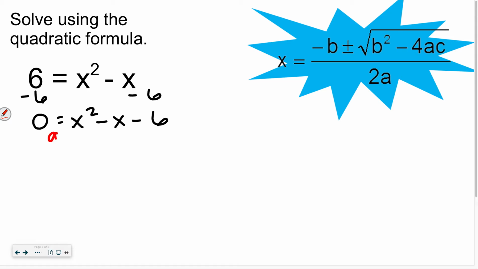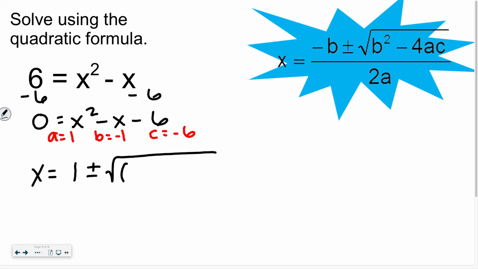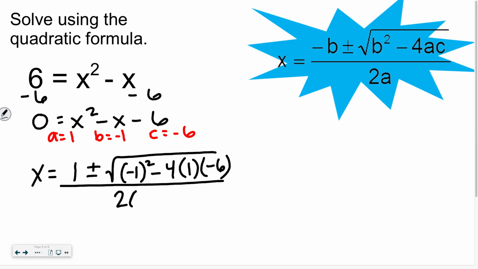That means that a is equal to 1, b is equal to negative 1, and c is equal to negative 6. Okay, using my quadratic formula, x equals the opposite of b, so it's going to be a positive 1, plus or minus the square root of b squared, which would be negative 1 squared, minus 4 times a times c. So that's 1 and negative 6. And then all over 2 times 1.